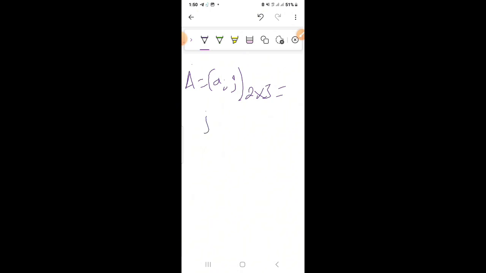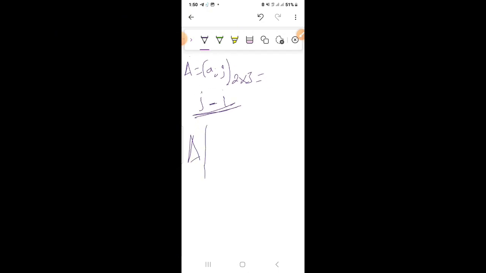The first entry, in the first row and first column, is A11.